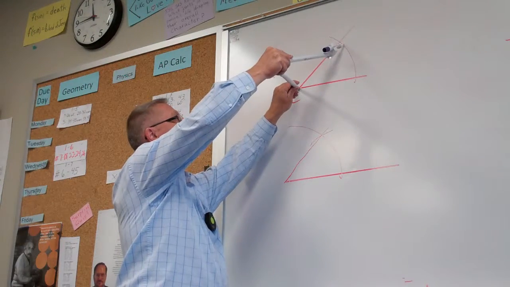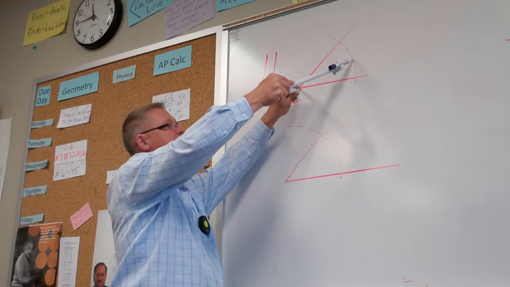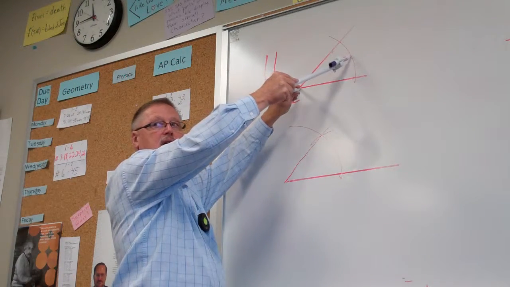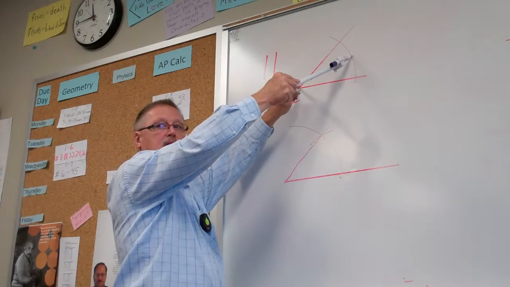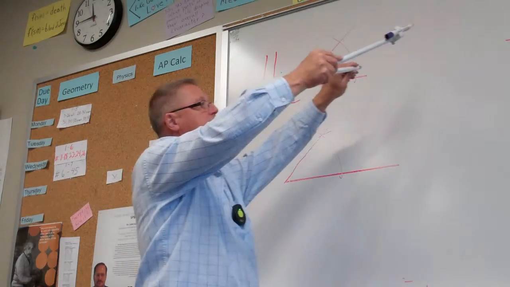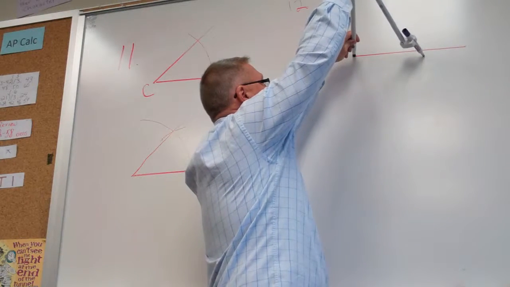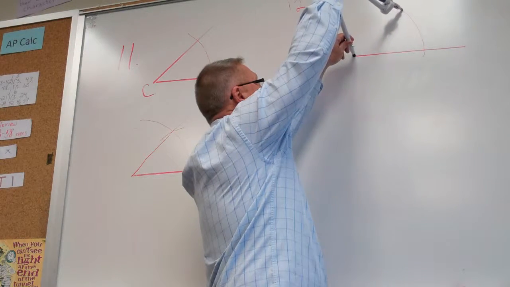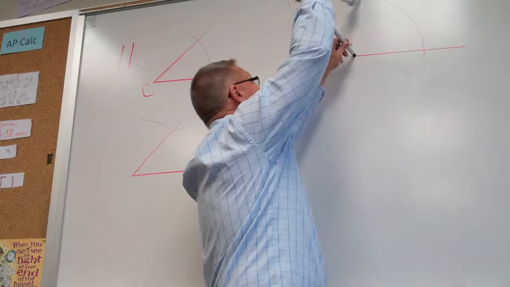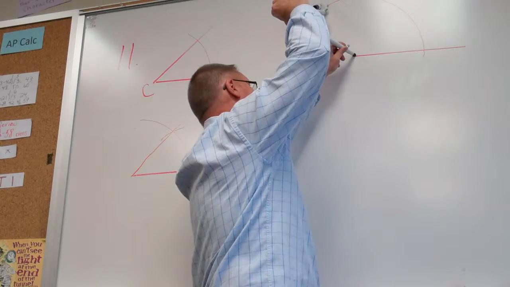Reset to that, carry it over, and go from the floor up plenty far, because this is a double. We want to make it twice as big, so go plenty far.